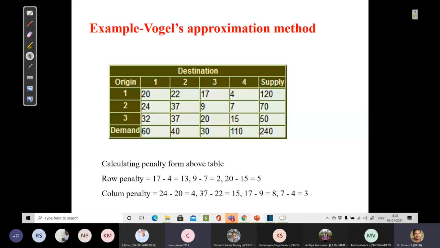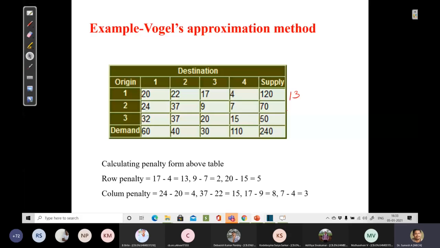Why? 17 minus 4, 13. 9 minus 7, 2. In the second row it will be the highest minus the minimum value. So here if you subtract, this is 13. The next is 2.